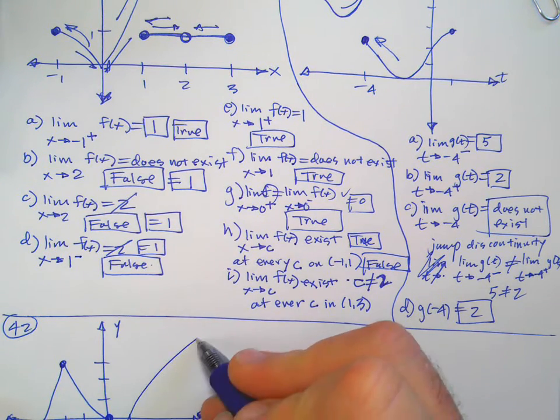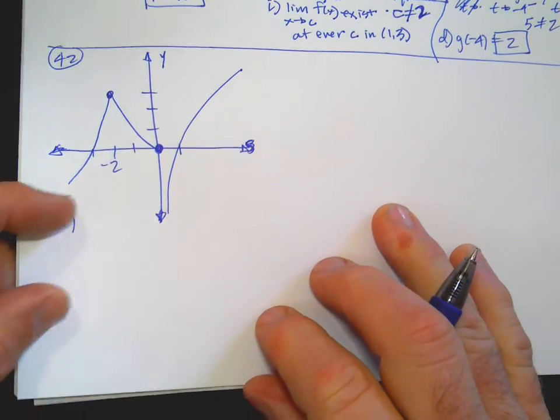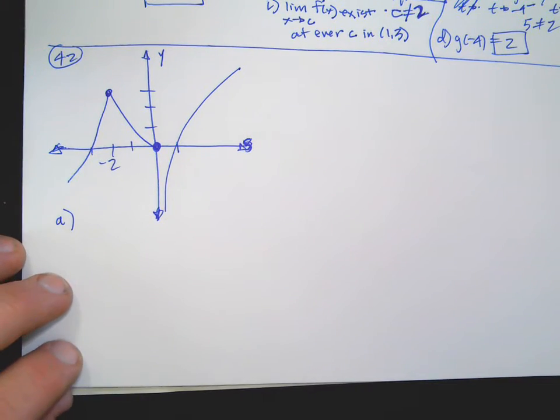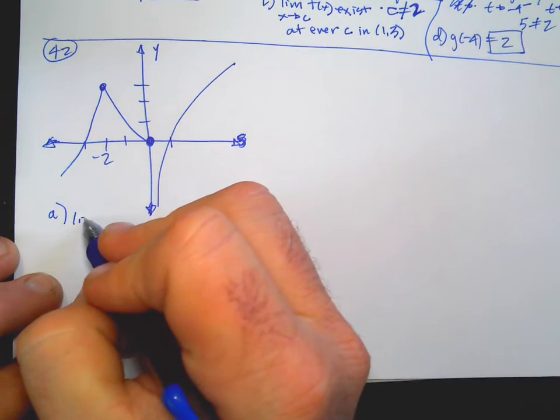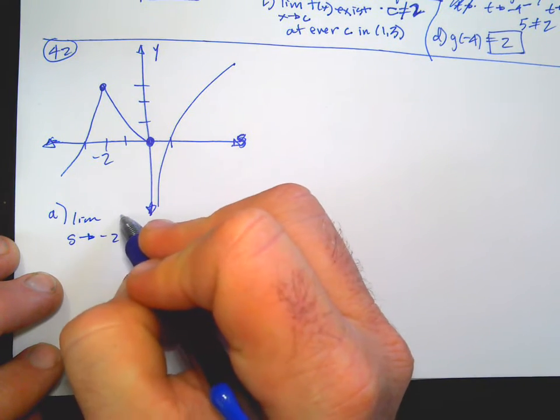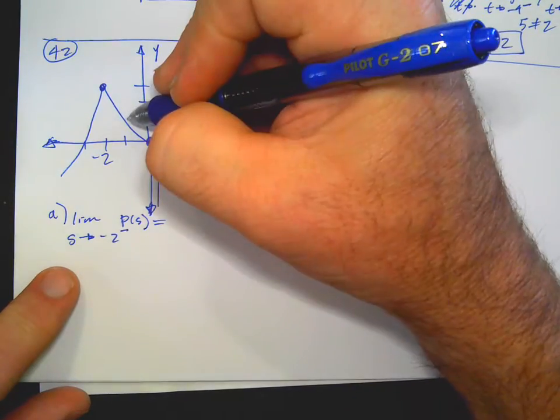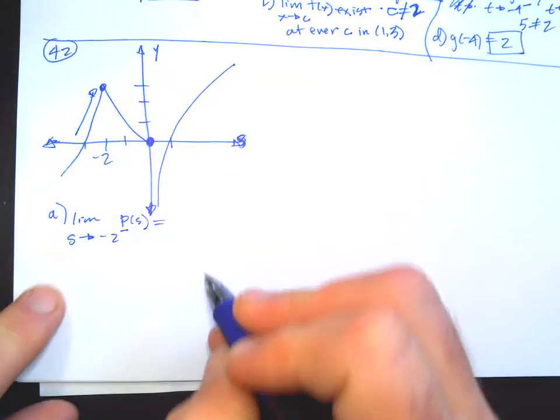And the graph kind of goes like that. Okay. So A says the limit as S approaches -2, superscript negative, of P of S. So as we approach -2 from the left side, it approaches 3.